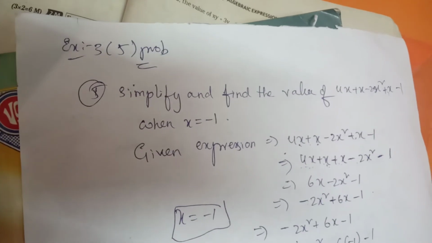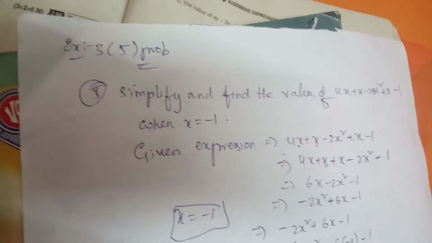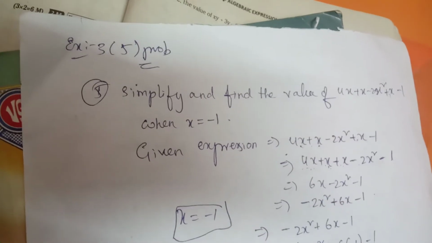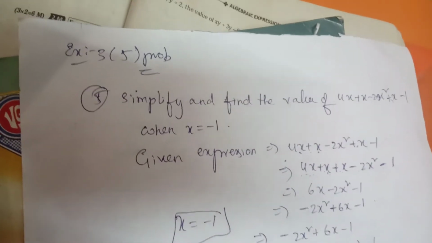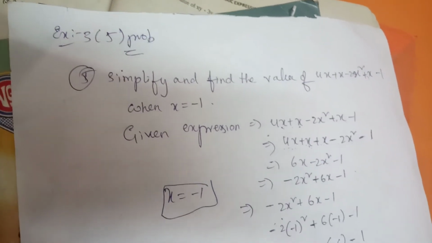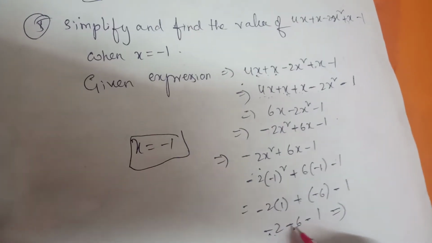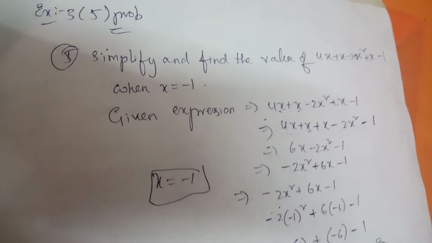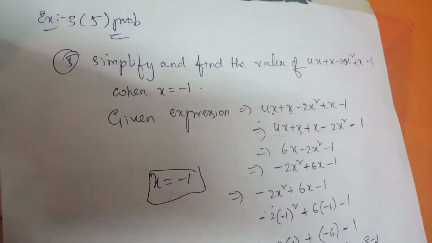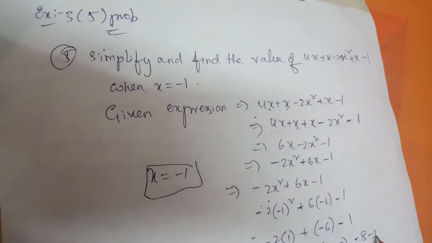Plus 6 into minus 1 is minus 6, then minus 1. Minus 2 minus 6 is minus 8, then minus 1, so 8 plus 1 is 9.